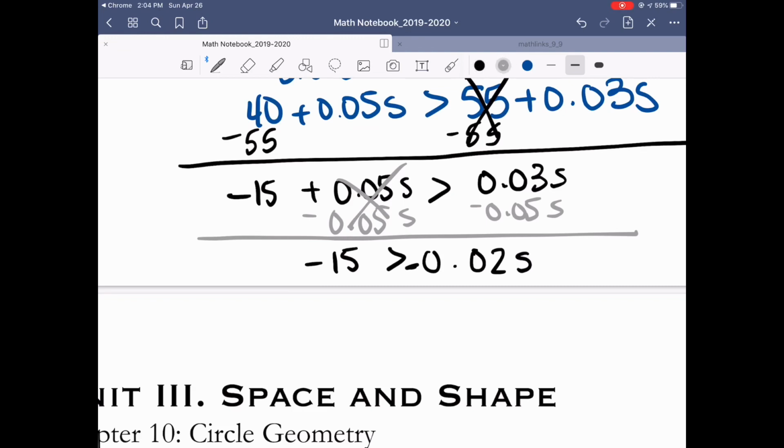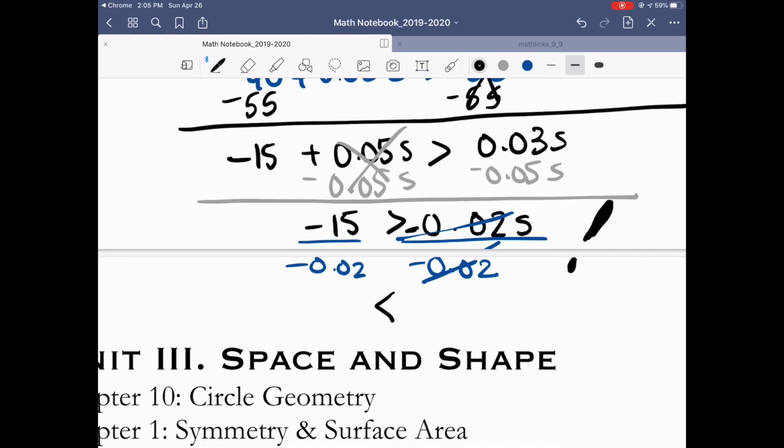So to isolate for S, you have to divide by negative 0.02. What you do to one side, you do to the other. These cancel, and right away what you should say is that I divided by a negative, which means what do I have to do? Flip the inequality. So then you're left with S on the right, and negative 15 divided by negative 0.02.